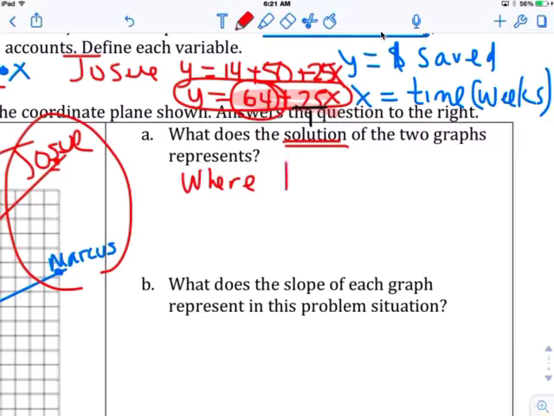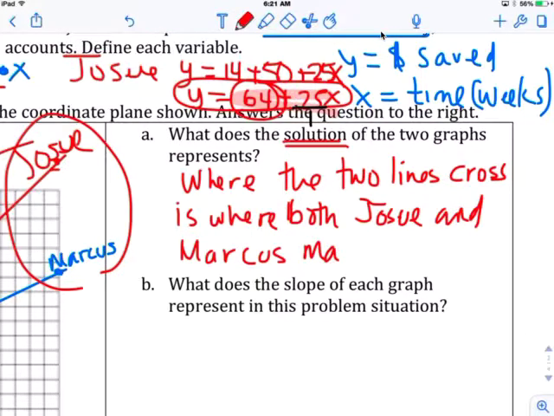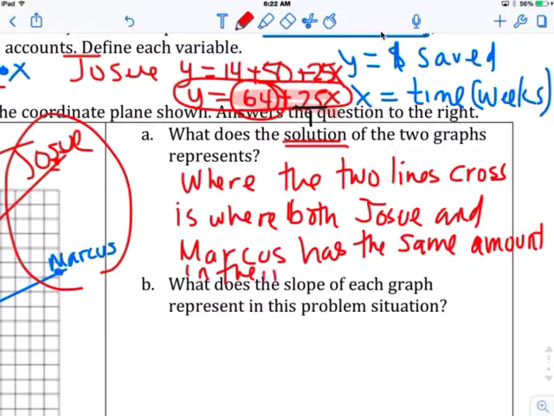Where the two lines cross is where both Josue and Marcus have the same amount in their savings account.